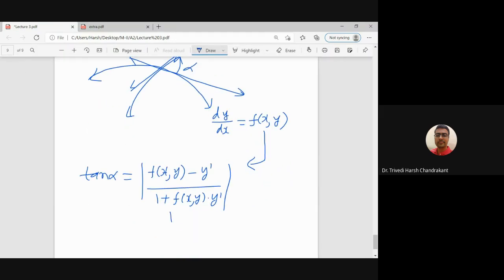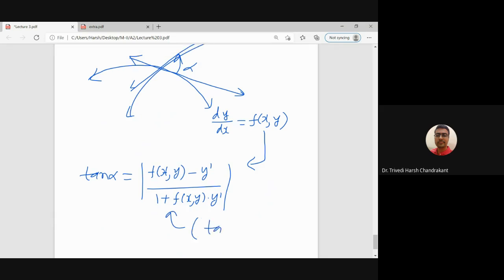So this formula is coming from tan alpha is equal to modulus of m1 minus m2 divided by 1 plus m1 m2. Right? Yes.